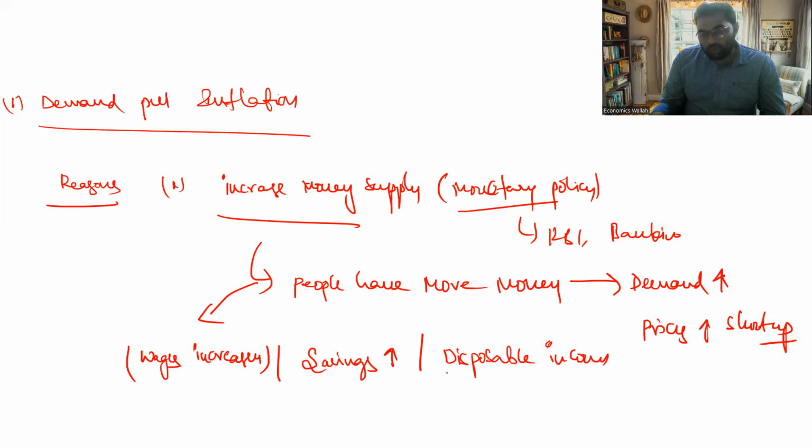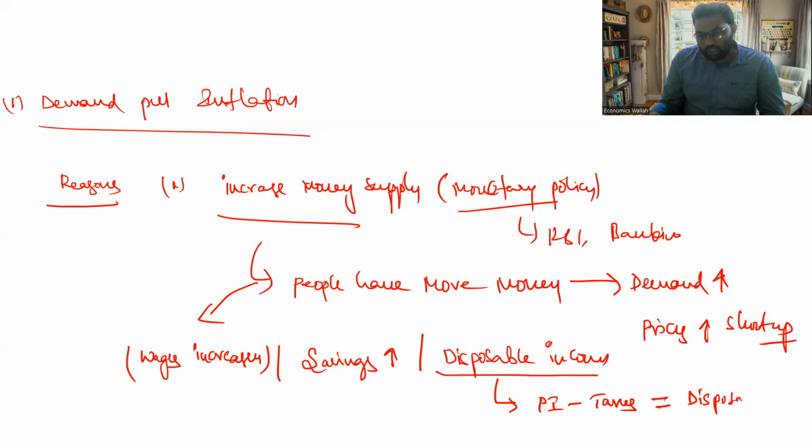Disposable income is nothing but whatever income you have left over after paying taxes. So your personal income minus your taxes, whatever taxes you are paying to the government, whatever you are left with, that is called your disposable income.